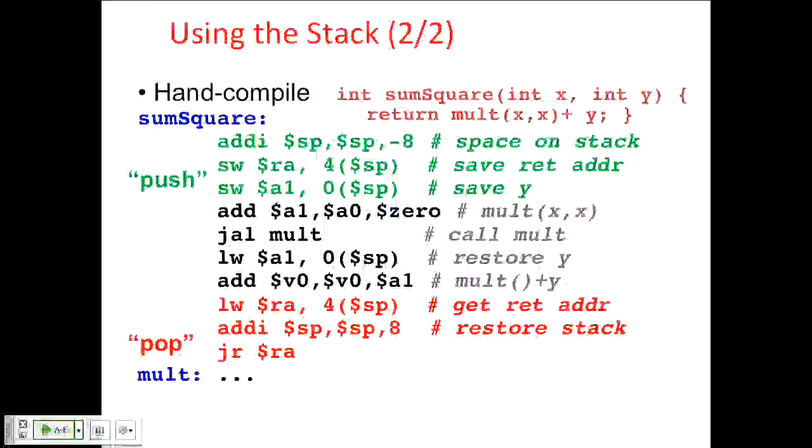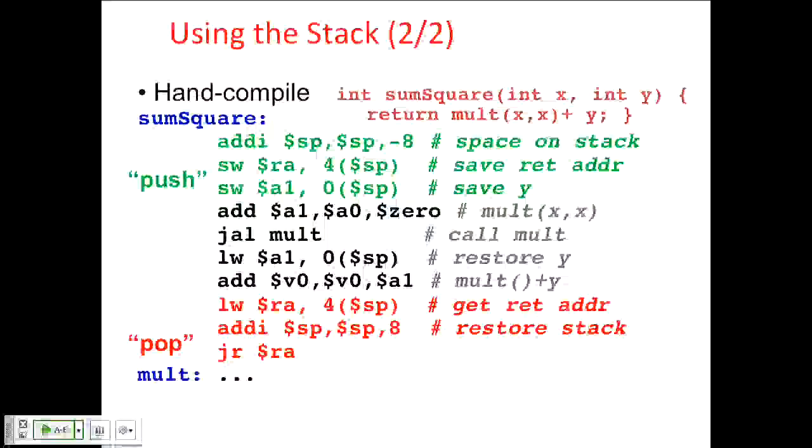That's the only reason it has the same value, because the callee was responsible for making sure that was true, and in this case had to save and restore it. If this function didn't call another function, it wouldn't overwrite RA, and you could just leave it in the register and it would be the same when you did the jump register at the end. But it's the responsibility of the callee to make sure RA is not changed.